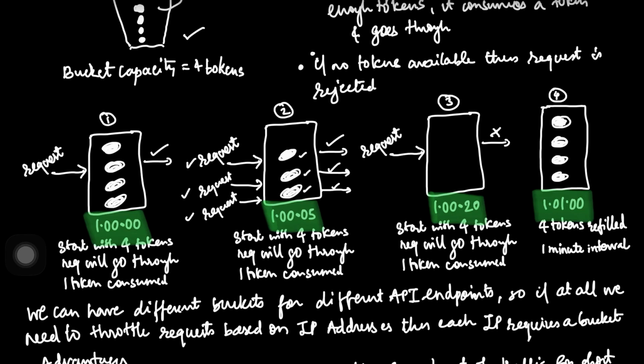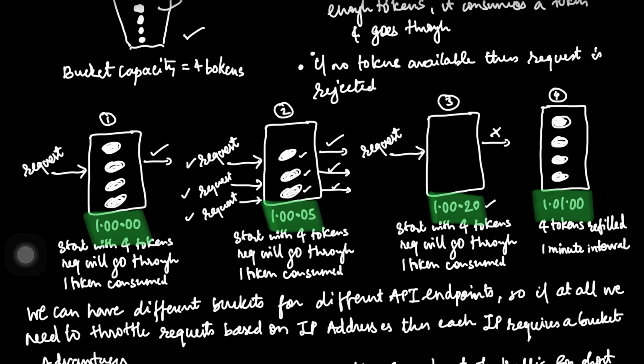Now if we move to the timestamp 1.00.20, we see that another request is coming up. But because we don't have any tokens in the bucket and it sees 0 tokens, we immediately reject the request and serve a 429 error to the client.